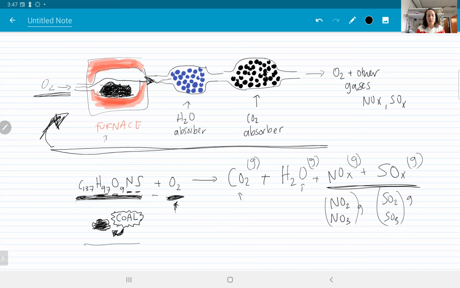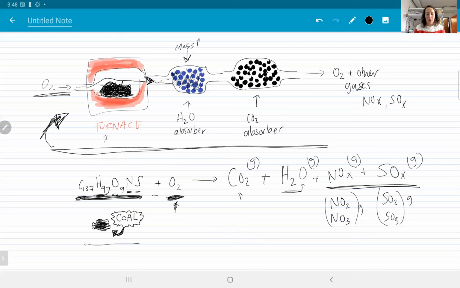Those molecules funnel into the water absorber, which has beads that absorb only the water molecules. After the analysis is over, the mass of the beads will increase because it absorbs the water molecules made over here.